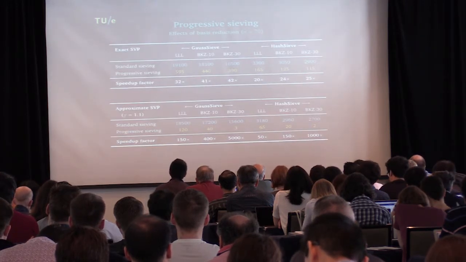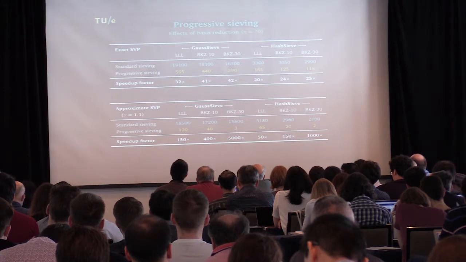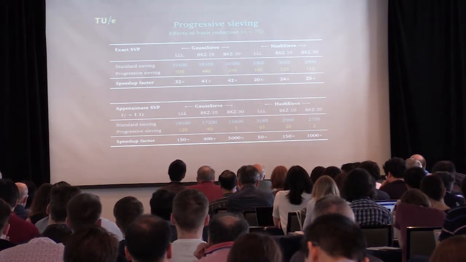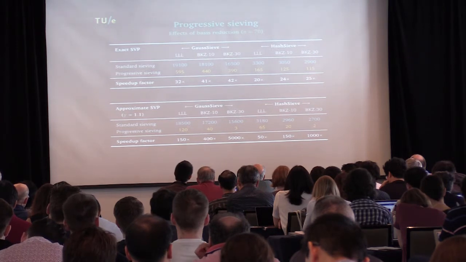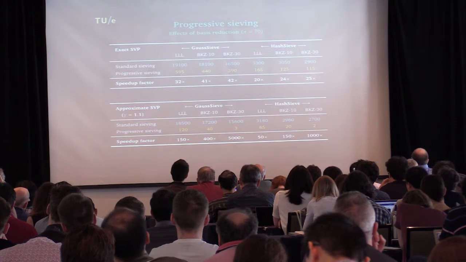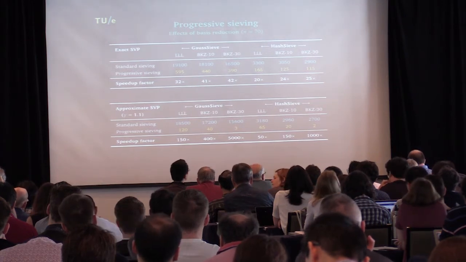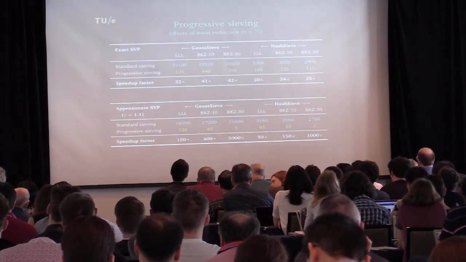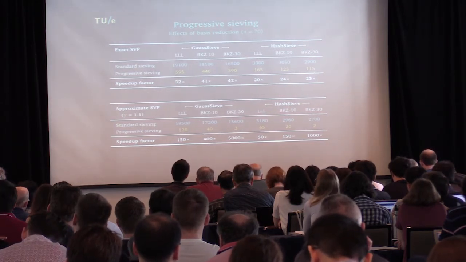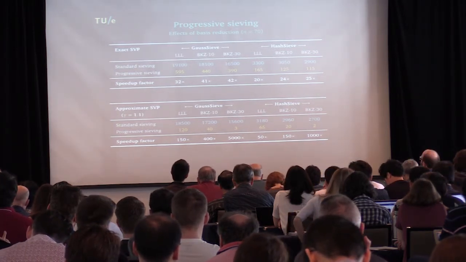Okay, so just a few more numbers. So this is mostly about the effects of basis reduction. I mean, there were some weird things about sieving that should not happen. Like before in sieving, you would not notice so much the effect of basis reduction. Like if you start with an LLL basis or a BKZ-30 basis, a much better basis of your lattice, you would not notice it too much in the performance of your algorithm.